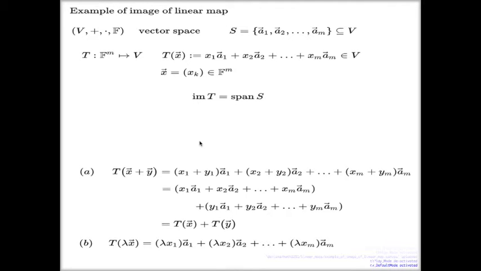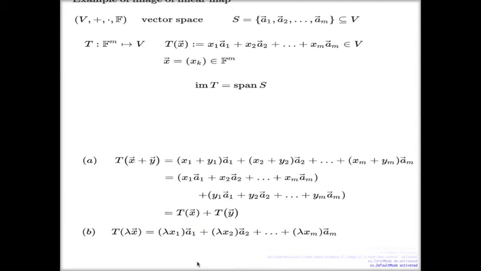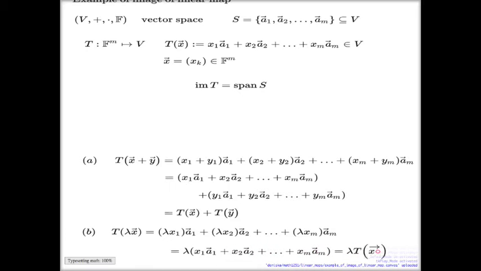Again, if I rearrange the brackets differently, if I now put x1, a1 together, x2, a2 together, xm, am together, and the common factor lambda, I'll just pull it out. I'll have something like this, and that is exactly lambda times T of X. That's the finish of the formal proof that this map I introduced is linear.